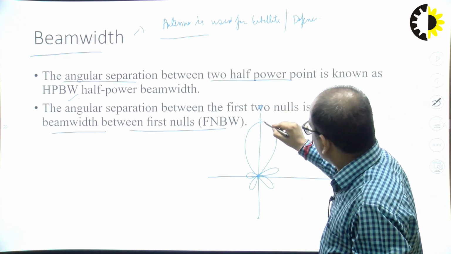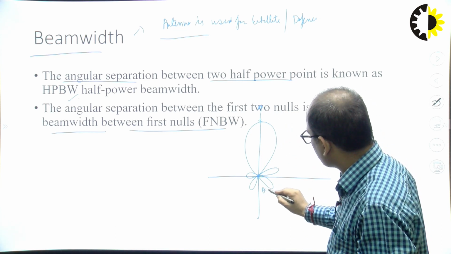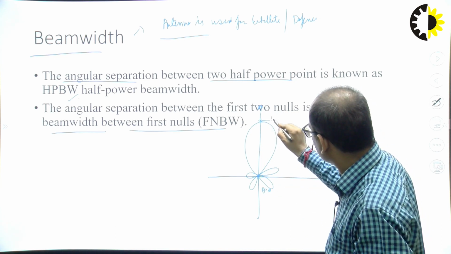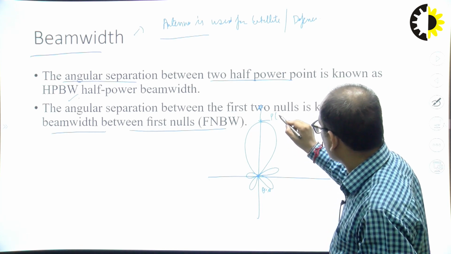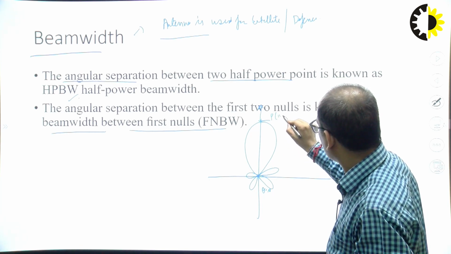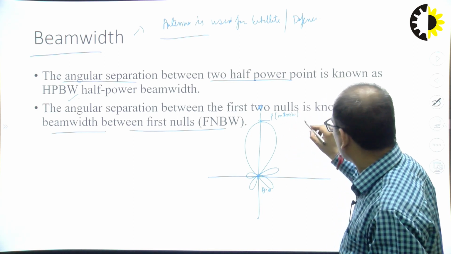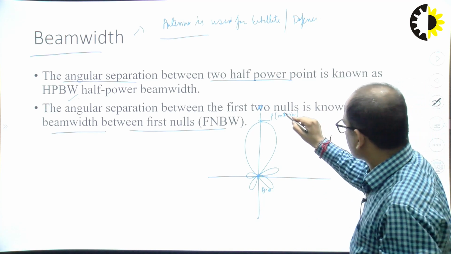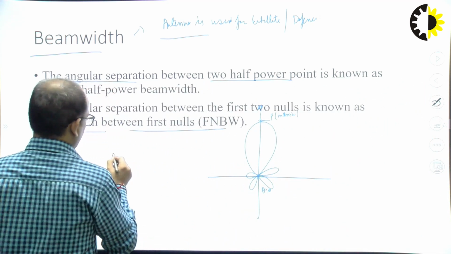The maximum power is concentrated in this direction at theta equal to 0 degree. Let's say this is P in milliwatt scale. Clear? This is power in milliwatt, you can say.